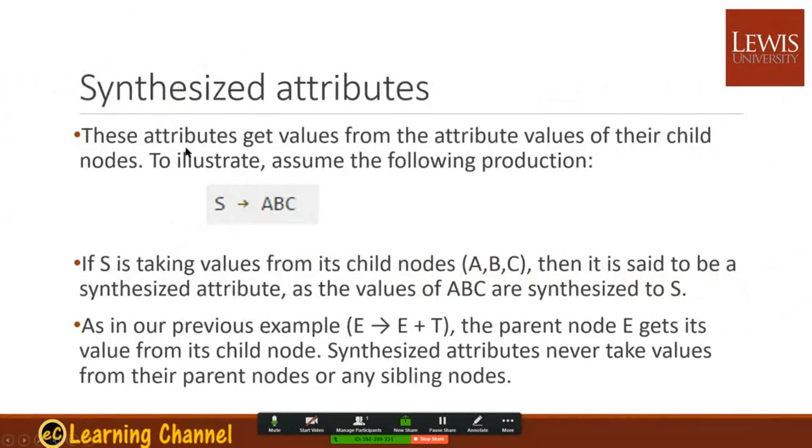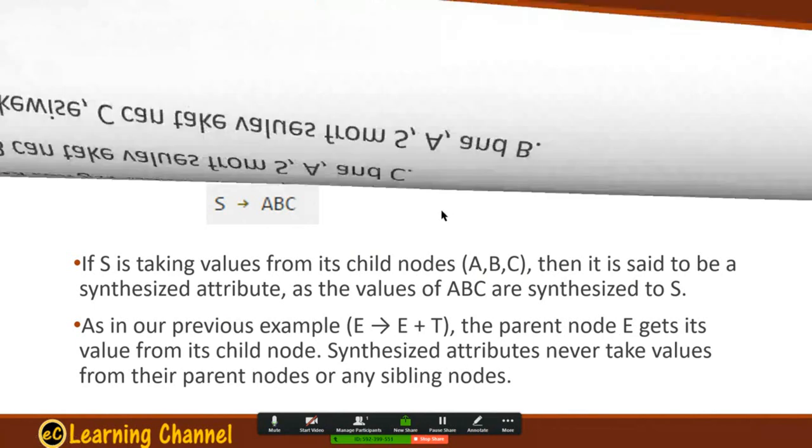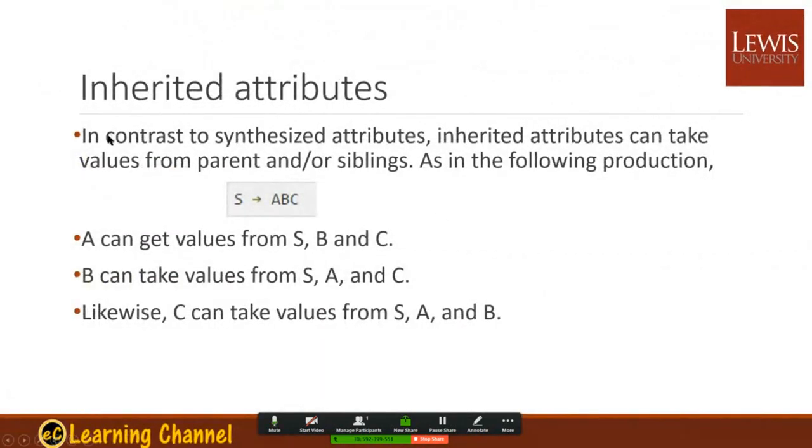Synthesized attributes get value from the attribute value of their child, just like S equals A plus B plus C. So S takes value from the child nodes A, B, C, and we use that example. Inherited attribute, in contrast to the synthesized attribute, can take value from parent or sibling, and usually the elder siblings.